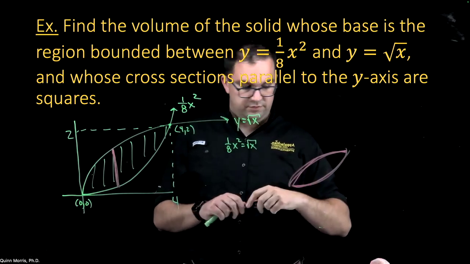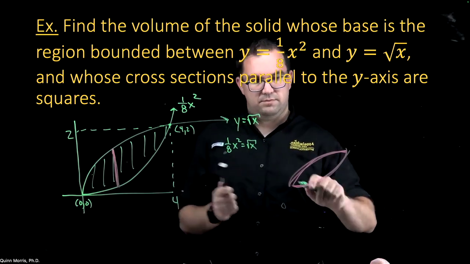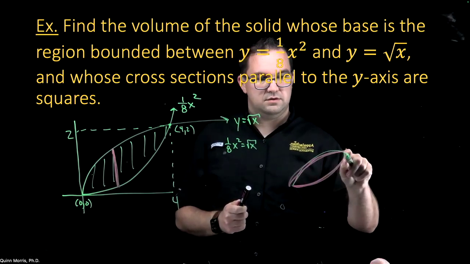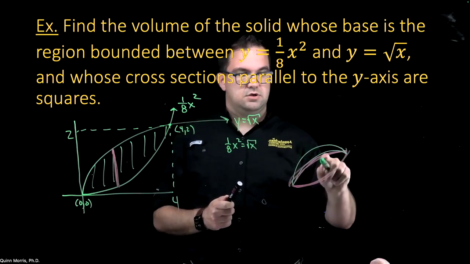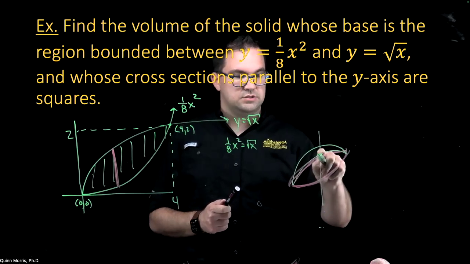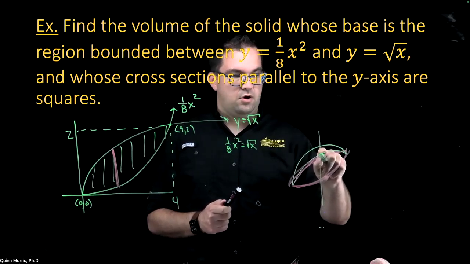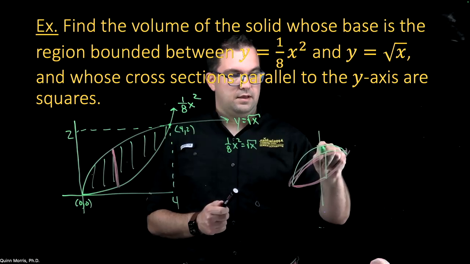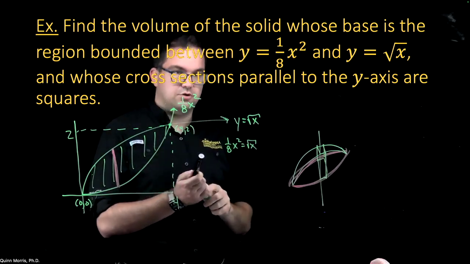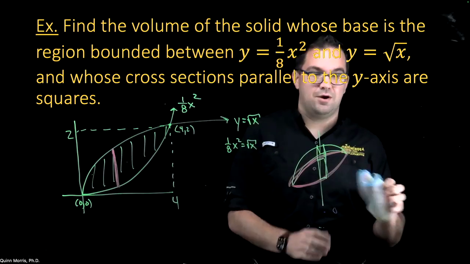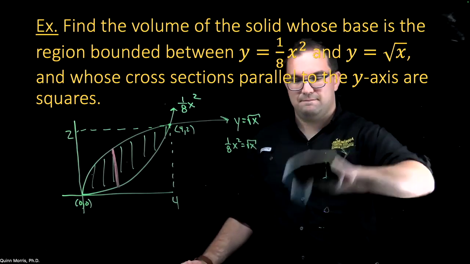Let me see if I can do this. So you get these sides coming up like this, so that every one of your cross sections that you cut here are in fact little squares. That's not a great picture, so we'll use Desmos to help us visualize this.